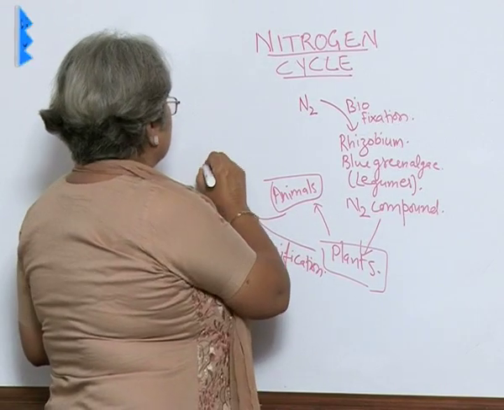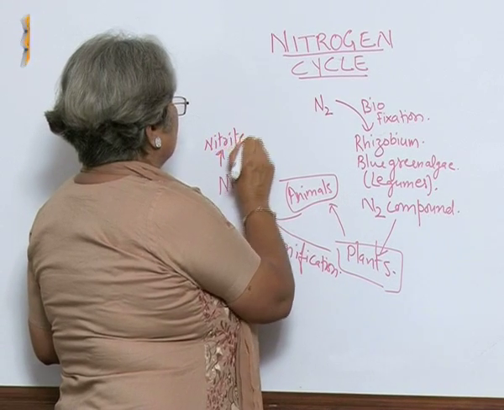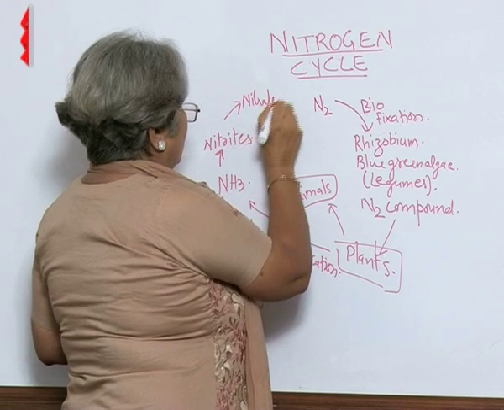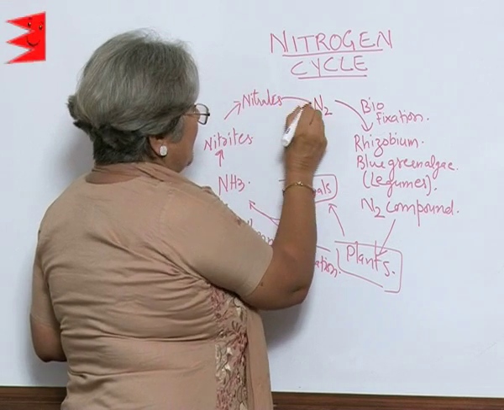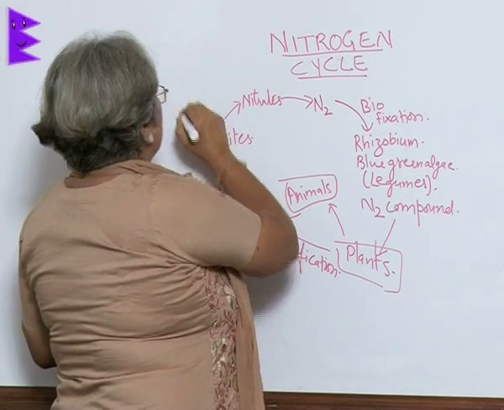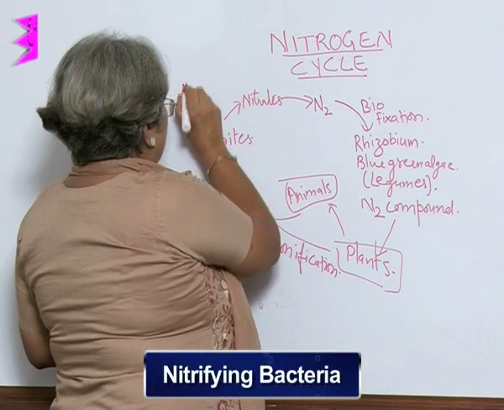The ammonia changes into nitrites, then nitrates, and then back to nitrogen. Now, this part is taken care of by another kind of bacteria called nitrifying bacteria.